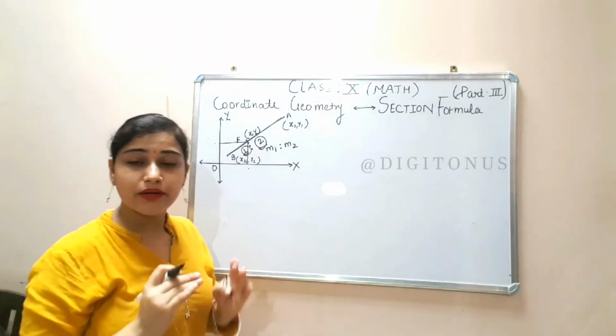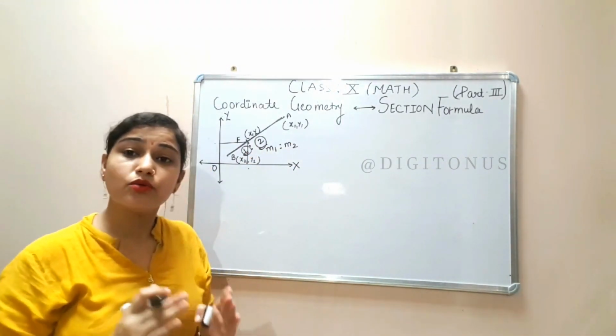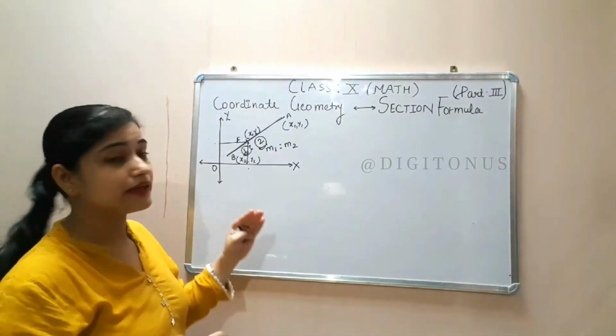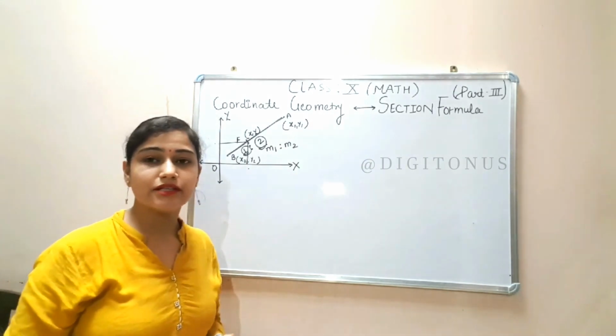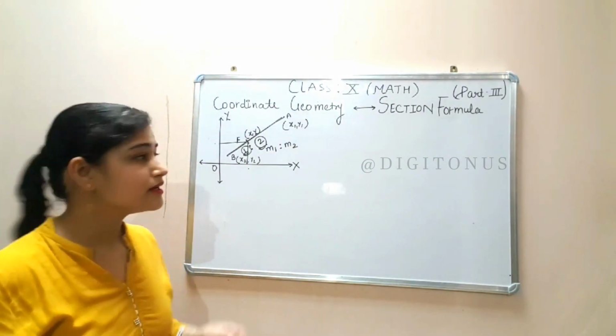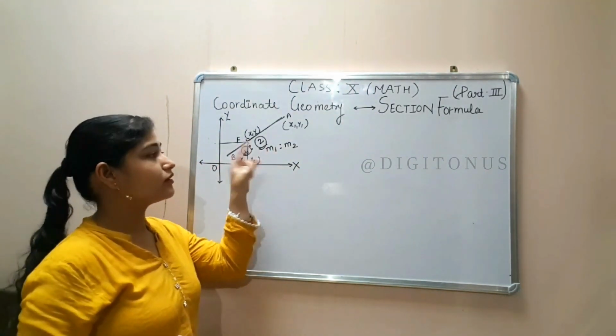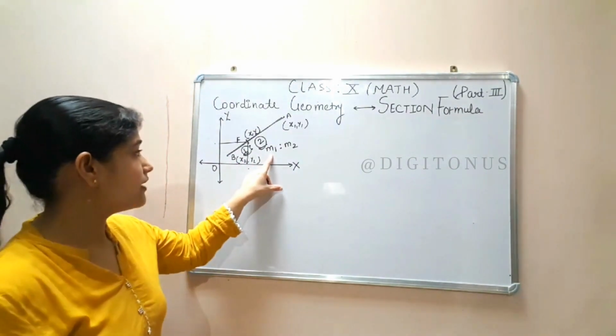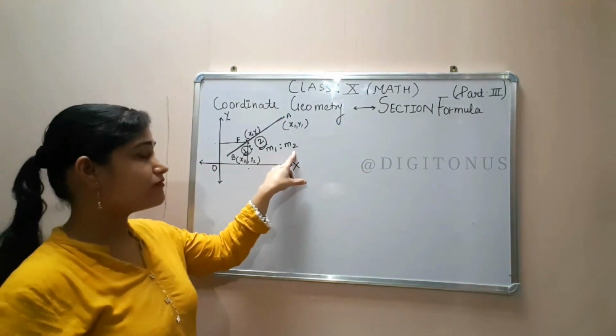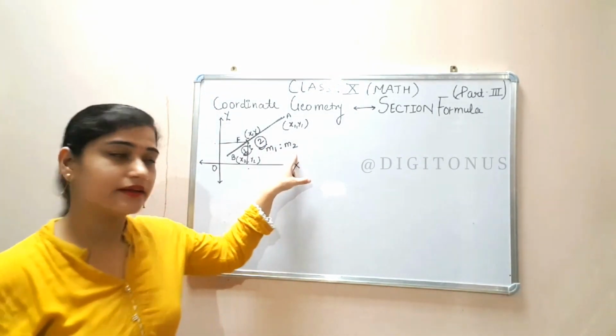First keep it in your mind that when we don't know the exact value, in every situation we cannot put 1:2. In every situation the ratio will be different. That's why in the formula we cannot put 1:2. We have to keep a variable, and the variable is m1 and m2 for that ratio.